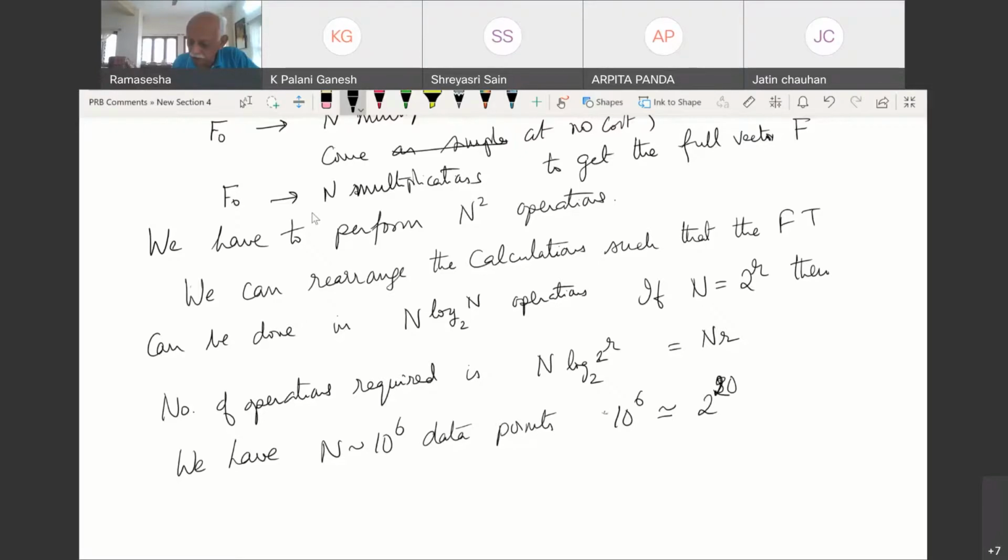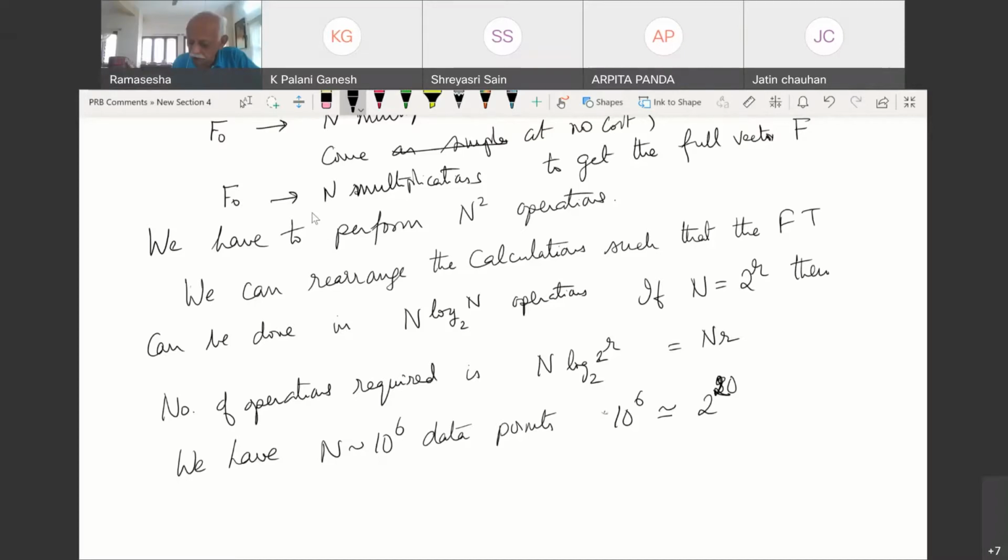Right? Because 1,000 is about 2 to the power 10. That is what you mean by kilobyte, right? A kilobyte is 1,024 bytes, or 2 to the power 10. And a megabyte is 1,000 of those. So 2 to the power 10 into 2 to the power 10 is 2 to the power 20.